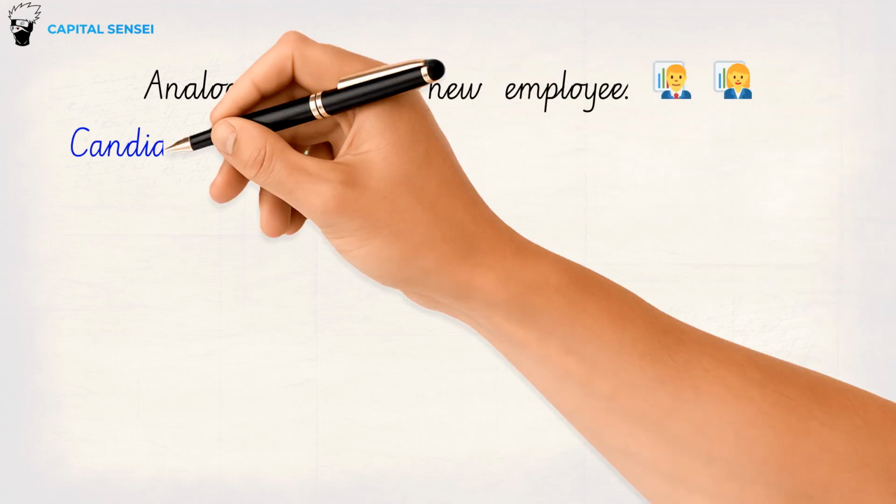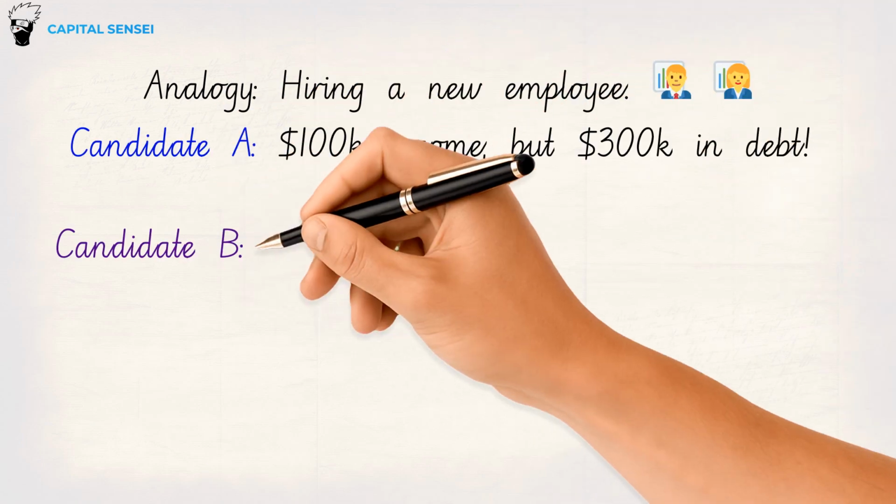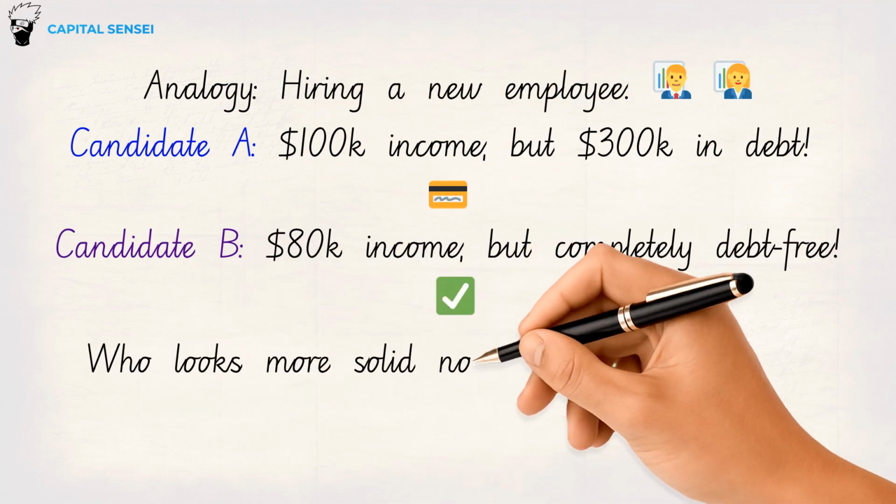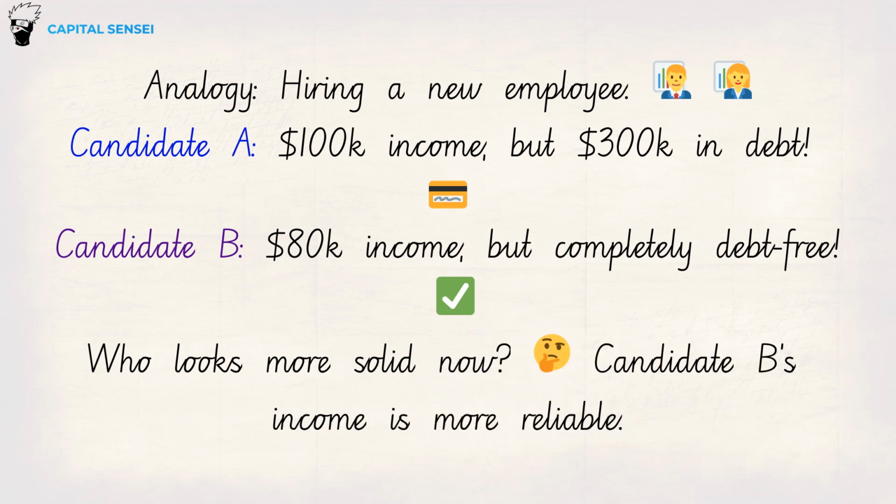Imagine you're looking at two potential employees for a job. Candidate A tells you they have an income of $100,000 a year. Candidate B says their income is $80,000 a year. On the surface, candidate A looks better off.